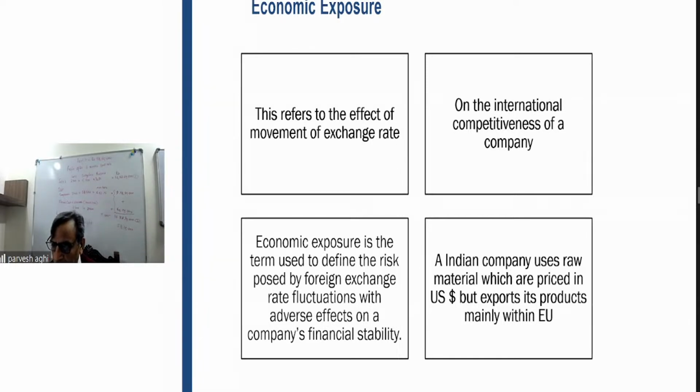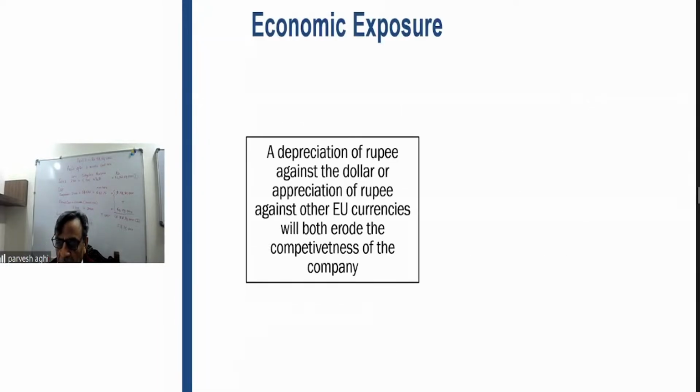So that means all the cost is in the form of US dollars, and all the revenue is coming in terms of euros, because they're exporting their products to the European Union. Now, a depreciation of the rupee against the dollar or appreciation of the rupee against the euro will both erode the competitiveness of the company.